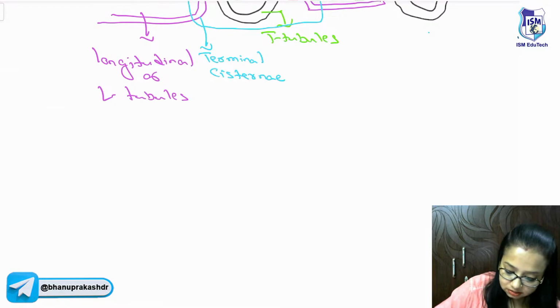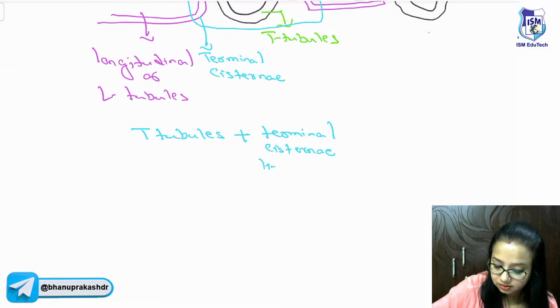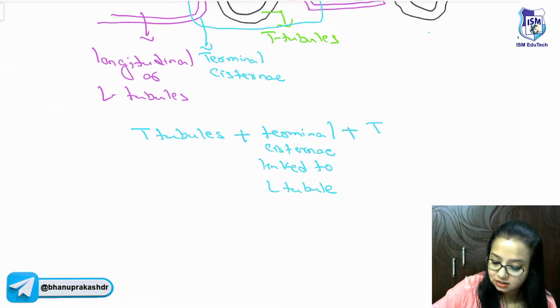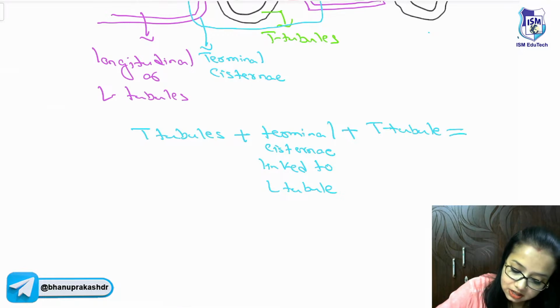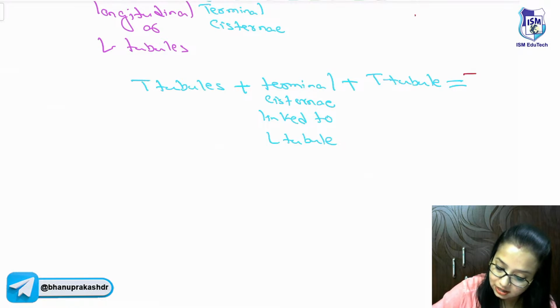The T tubule plus one terminal cisternae linked to the L tubule, and then another T tubule, make up a structure which is called the triad.